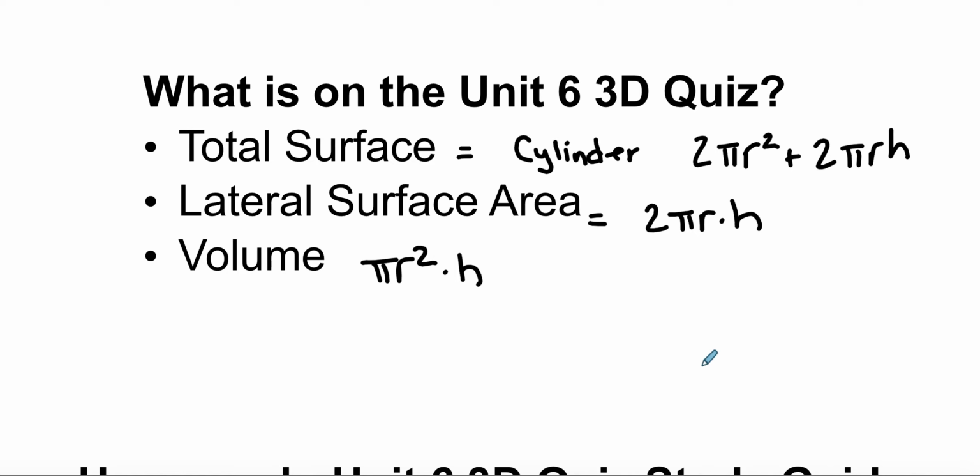If it is a prism, which is what you learned last year, remember that it's going to be, not the area of the base, the perimeter of the base. So it's going to be length plus width plus length plus width, depending on if it's a triangle or a quadrilateral, we don't know, and then times the height.